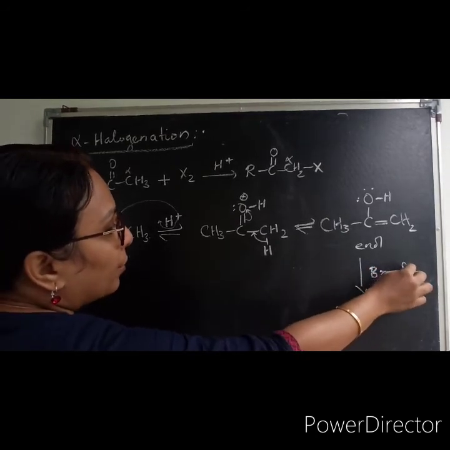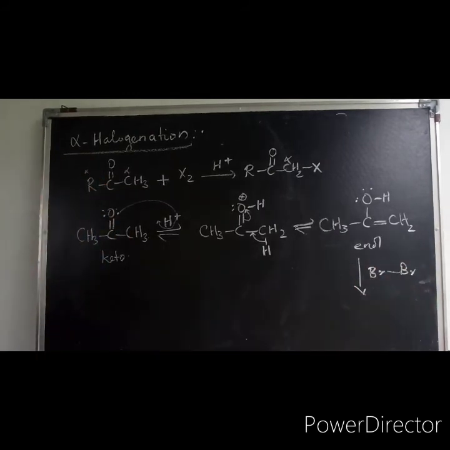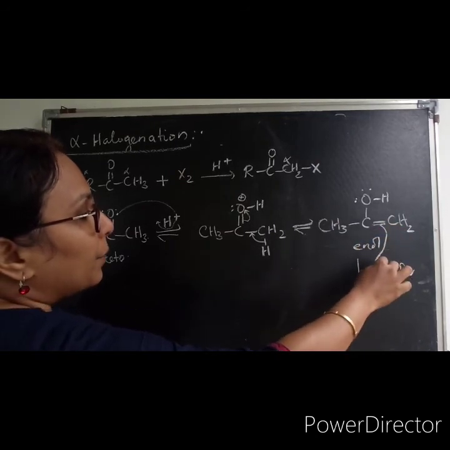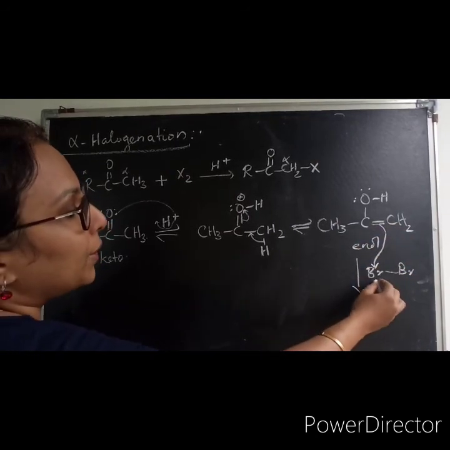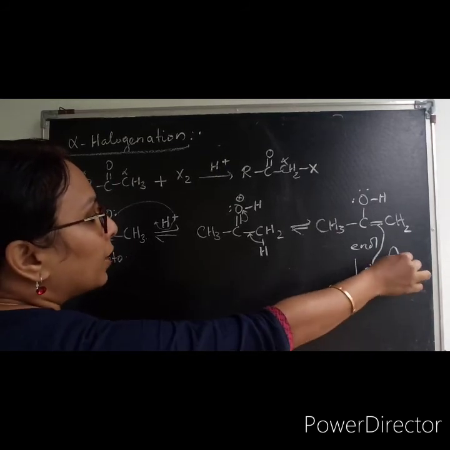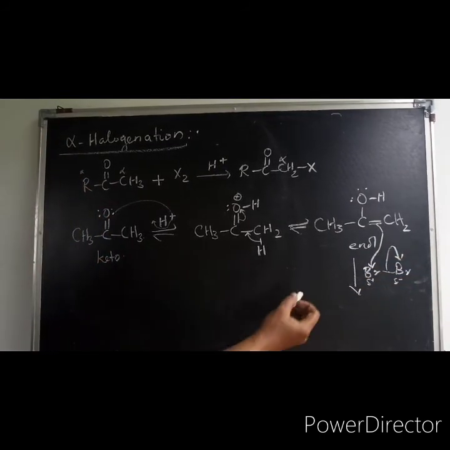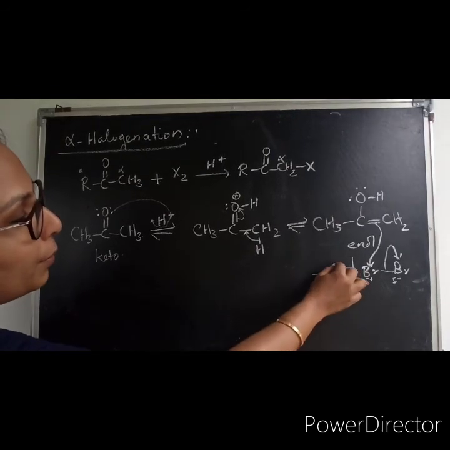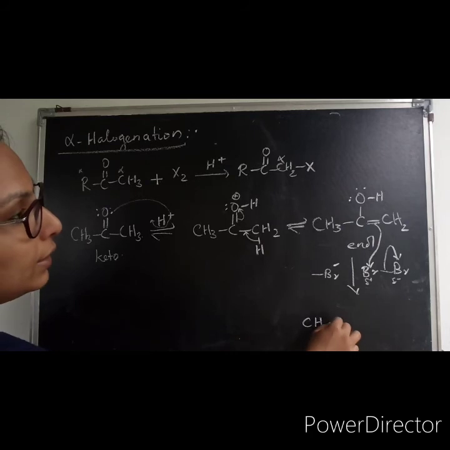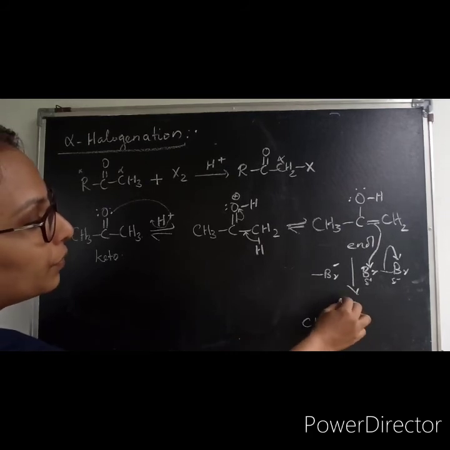I am doing alpha bromination. Okay, how will this be happening? Let us look into that. This pi bond will be attacking Br, and this will be like delta plus and delta minus. One of the Br will be going like this, so you can write minus, Br minus. So now it will be CH3, COH.